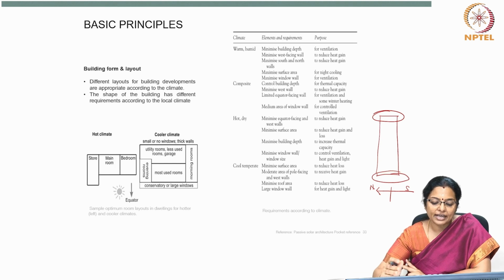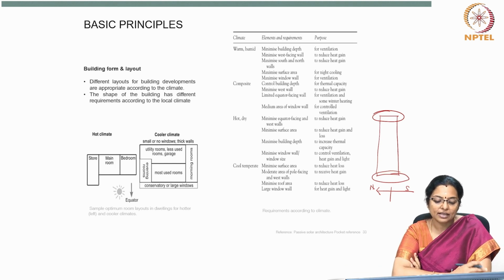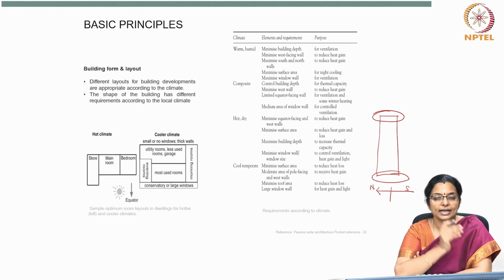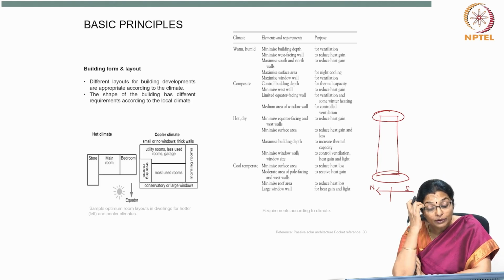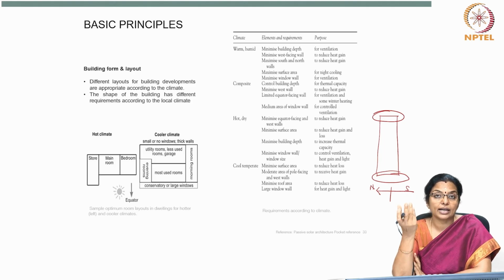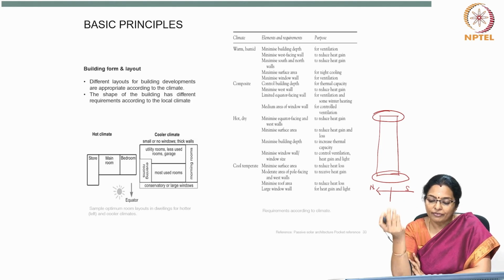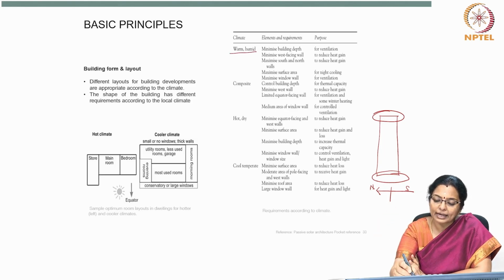Now, different layouts for building developments are appropriate according to the climate. The shape of the building also has different requirements based on the local climate. If we look at orientation, then for warm humid climate, you must minimize the building depth, minimize the west facing wall, and maximize north and south walls.